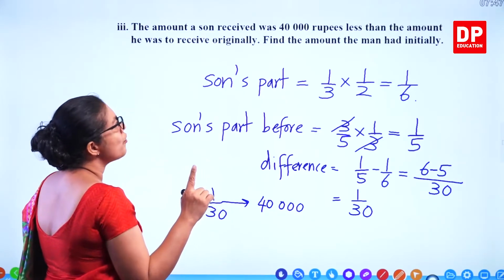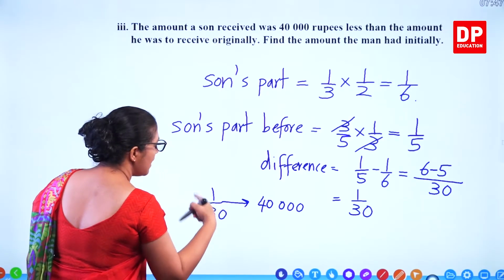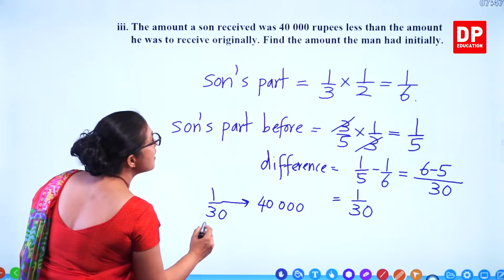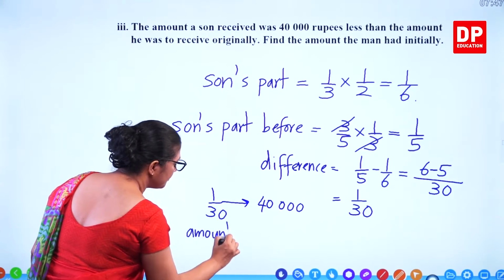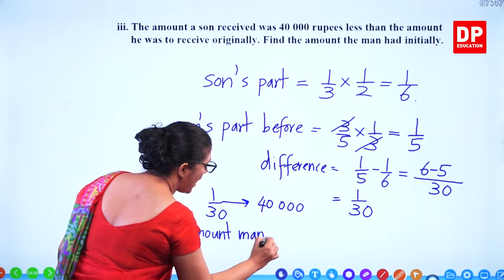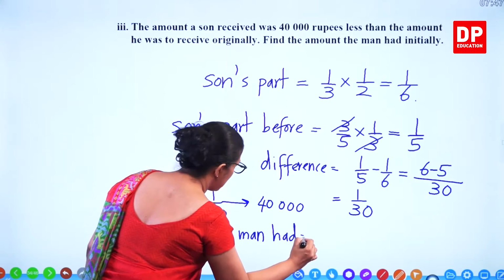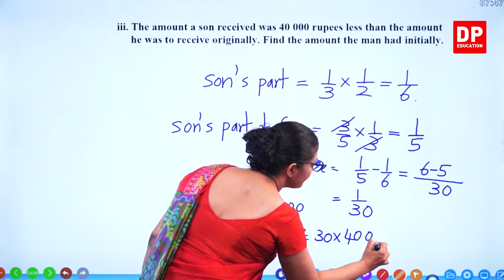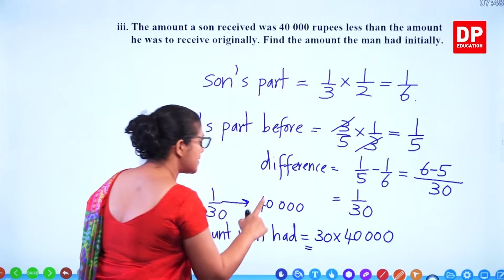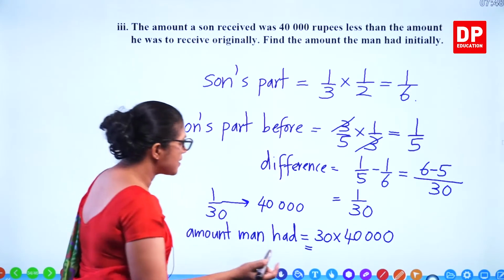So what's the amount the man had initially? 30 parts. So the amount man had is 30 into 40,000. One part is this much. What about 30 parts?